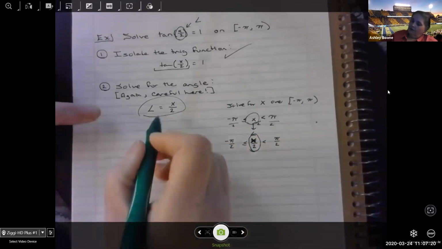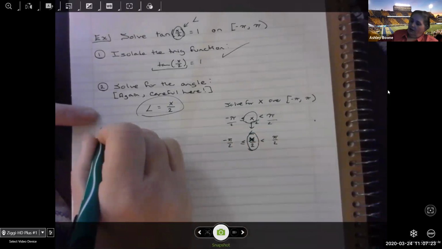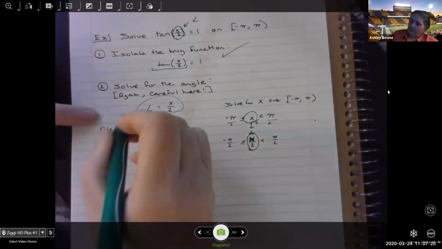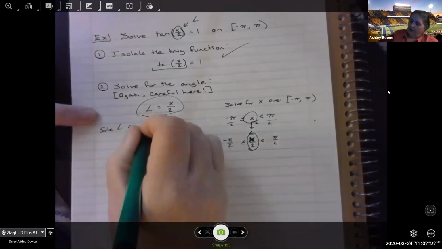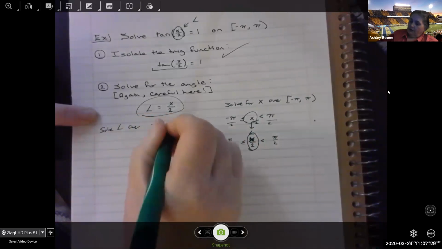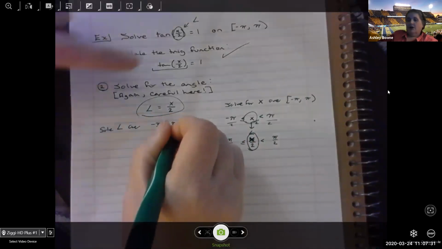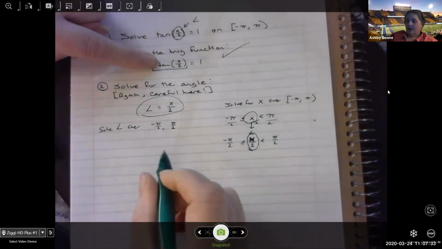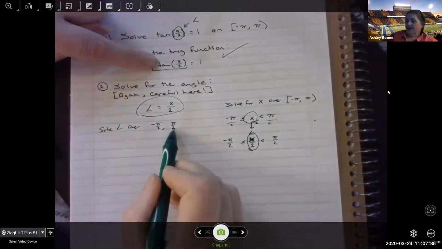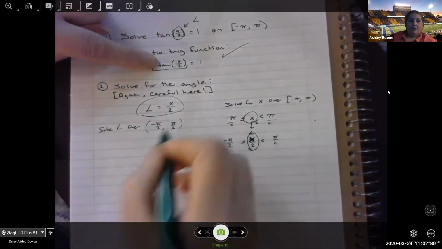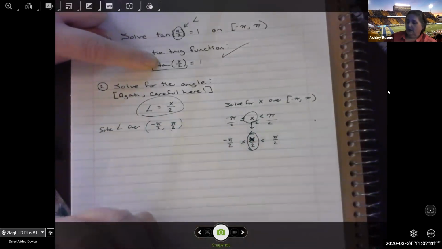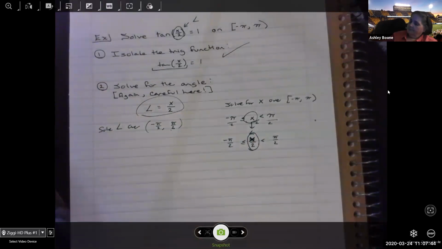So what we want to do first is solve for the angle over the interval negative pi over 2 to pi over 2. Now we're talking about tangent. Tangent of negative pi over 2 and pi over 2 are both undefined, so it can't be either of those, but something in between. Let's look at what's going on.